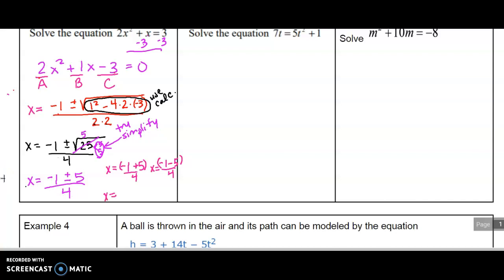So -1 plus 5 parenthesis divided by 4 is 1. And then -1 minus 5 parentheses divided by 4 is -6 over 4, which is -1.5.